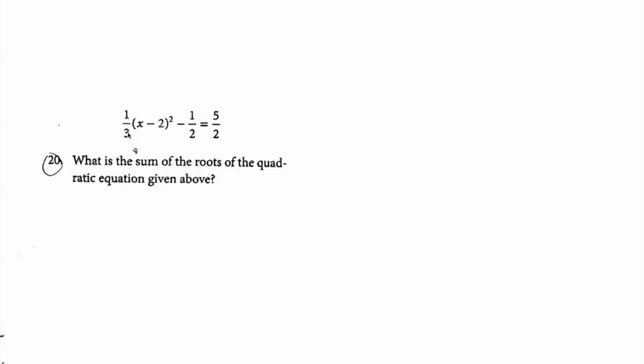Okay, and the last question here. What I'm going to do, I will just write x minus 2 square over 3 is equal to 5 over 2. If I take it to the right side of the equation, it will be plus 1 over 2. So 1 over 3, x minus 2 square is equal to, that's 6 over 2, which is 3. Let's multiply both sides by 3.